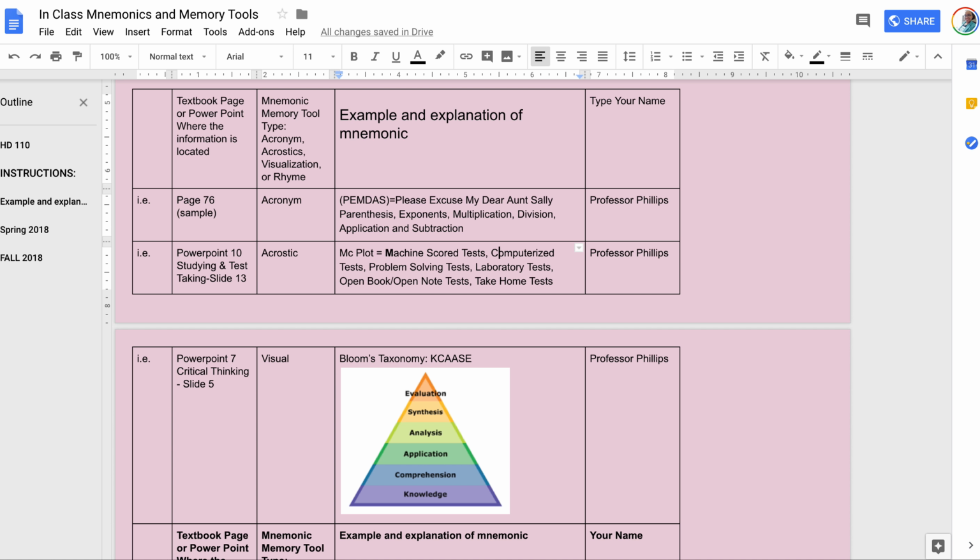The first one is machine scored tests, then computerized tests, then problem solving tests, then laboratory tests, O for open book or open note test, and T for take home test. You take those letters, and we created a name, McPlot. I know it's a little silly, but if you do this with something you're actually trying to remember, it really does help. You can even scramble these around to make a new word.